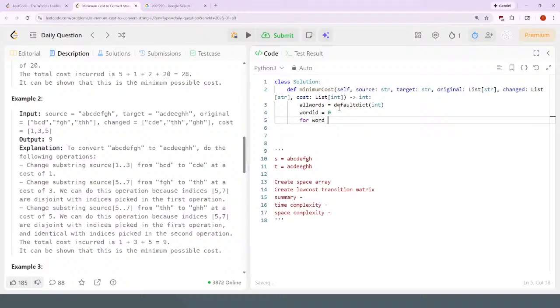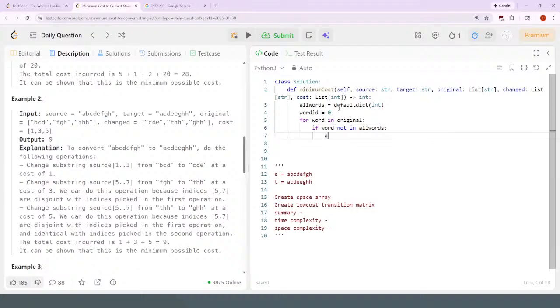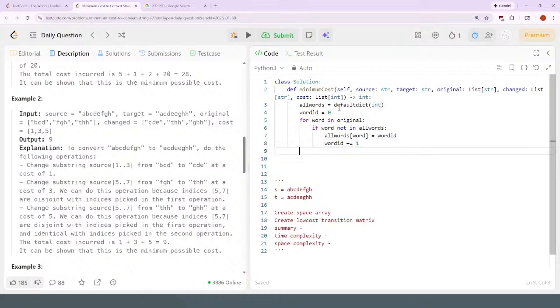For every word in original, if word not in all words, the all words of this word is equal to this word ID, increment the word ID. It's kind of the word count.